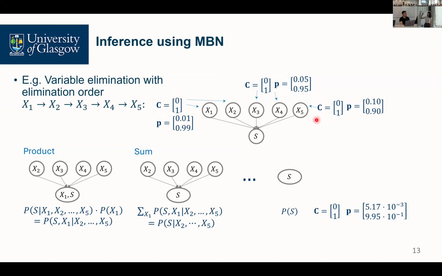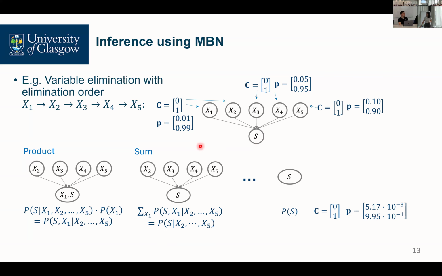Then we can quantify these probabilities for all of these component events, and we have this system event's probability distribution that we just quantified. We are now ready to make inferences using Bayesian network algorithms.